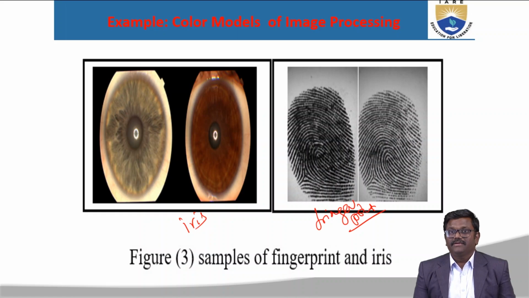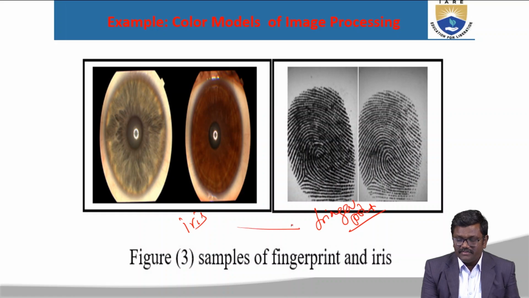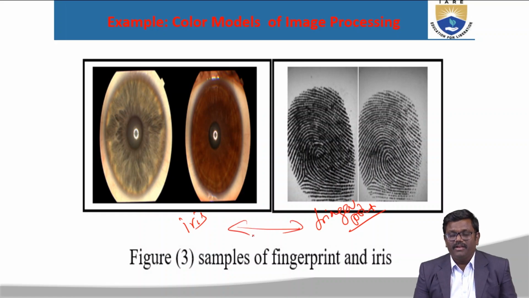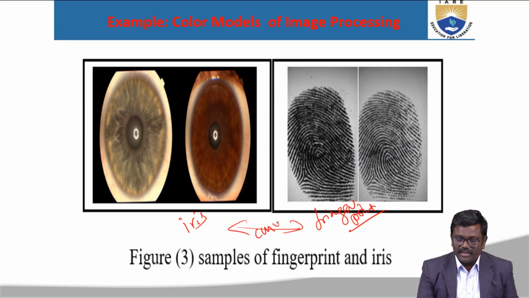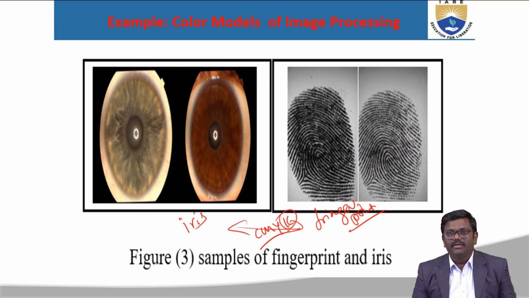Iris is handled with the required color processing, and if the iris fails, they automatically go to fingerprint. Based on this, we follow the CMYK color model.